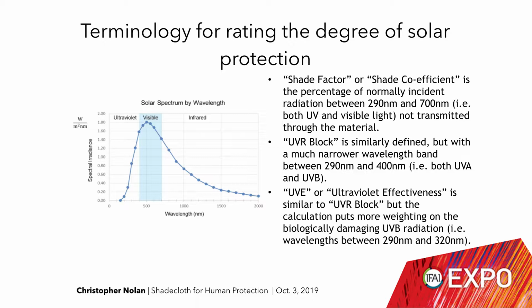The diagram on the left there is a graph of the solar irradiance hitting the atmosphere from the sun. And the scale on the y-axis, that is the vertical axis, shows the intensity of that radiation in watts per square metre per nanometre, in other words, by particular wavelength.